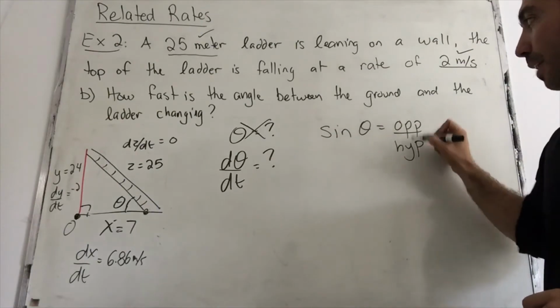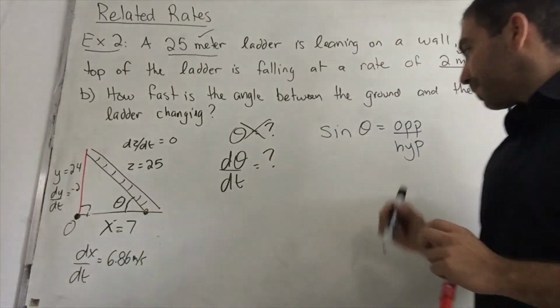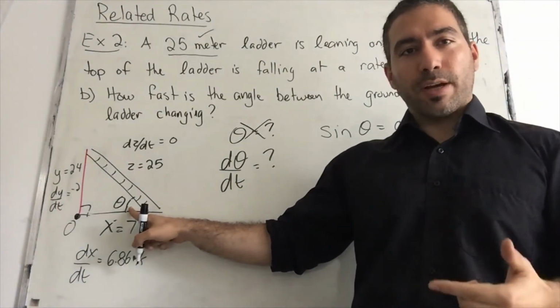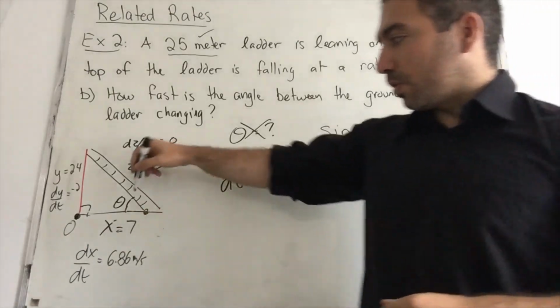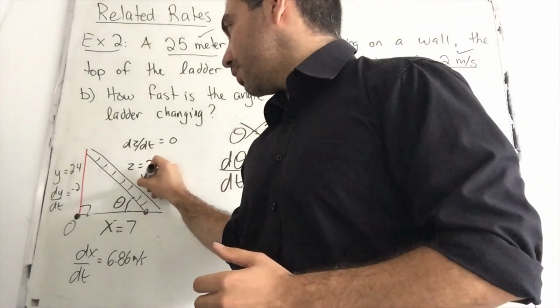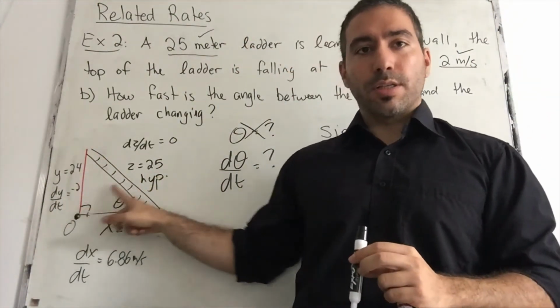The only thing is I'm going to label it with my values. So if this is the angle, I'm using this angle here. Where's my opposite side? Where's my adjacent? Where's my hypotenuse? Well, with this angle, the hypotenuse is always the longest side. So this is your z. This is the hypotenuse. It's always across from the 90 degree.